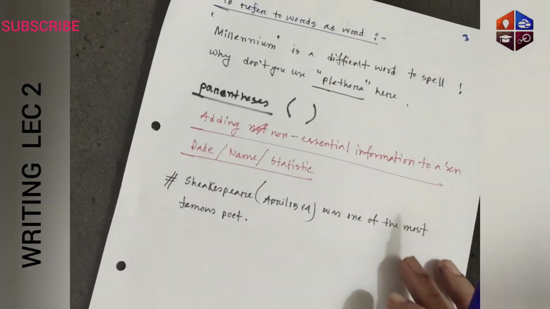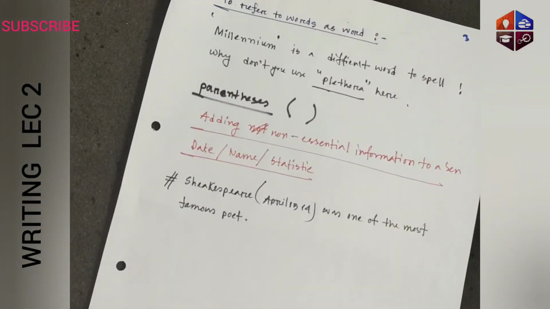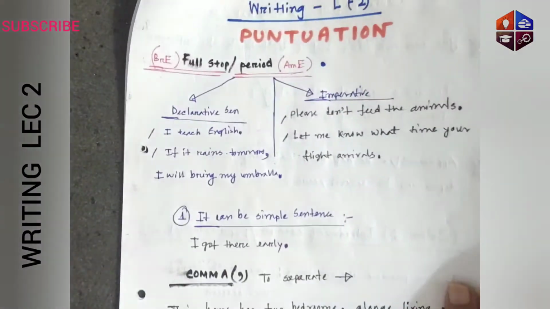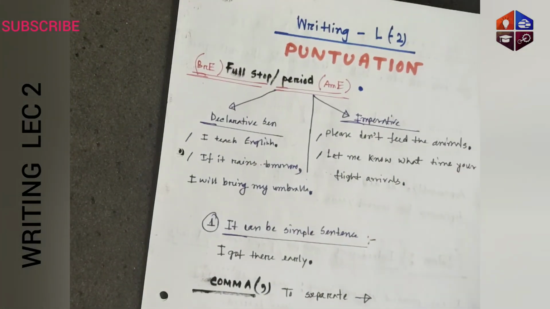This is all about punctuation marks. I will upload these papers as a PDF file. You can download these things, don't worry, and print them yourself, and it will help you to understand the actual meaning of punctuation marks, where you should use each sign.